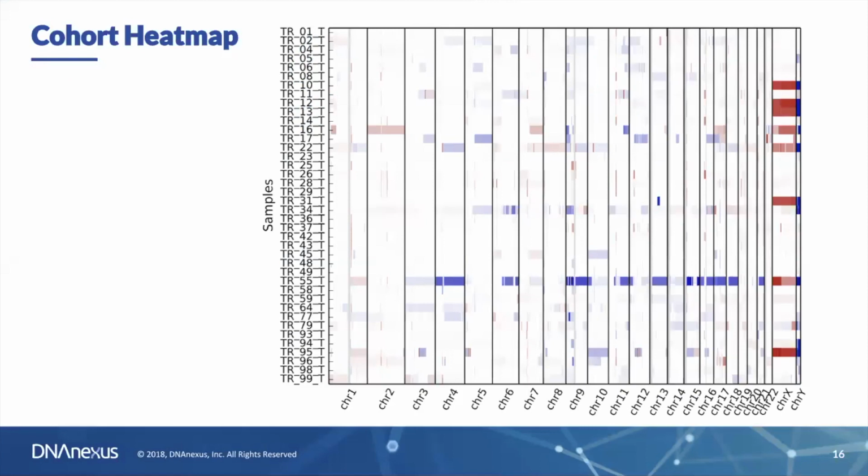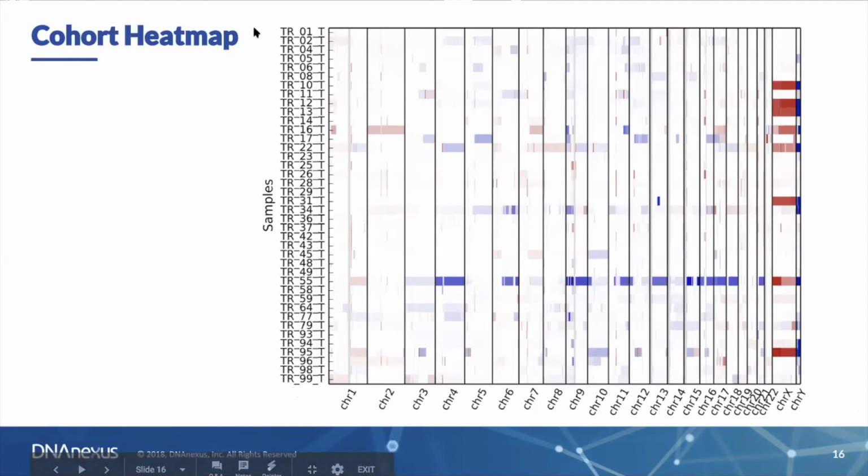So here's an example heat map that comes right out of the app. This is not the TCRB samples from Baylor. This is a different cohort that was analyzed in the published paper on CNVkit. TR is targeted resequencing. We have, I think, 42 samples here. So the x-axis here is genomic position.